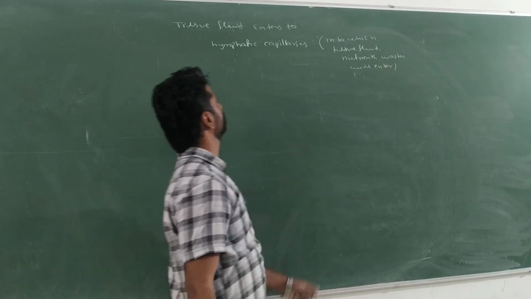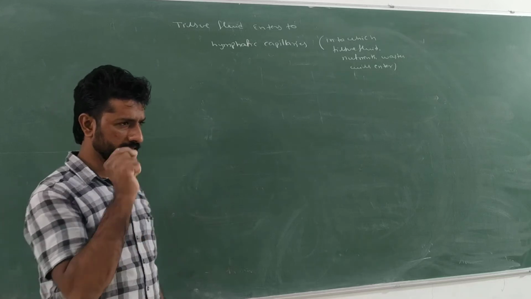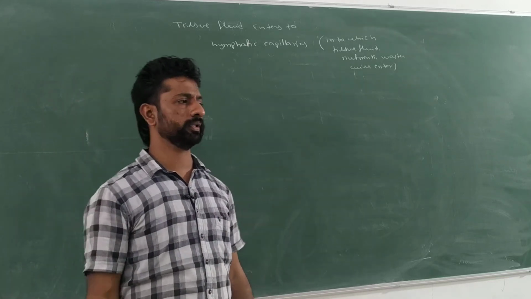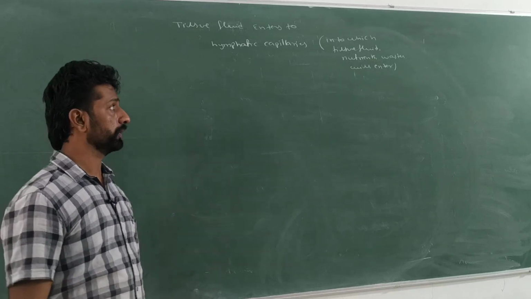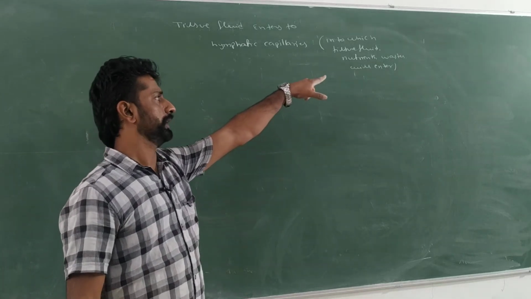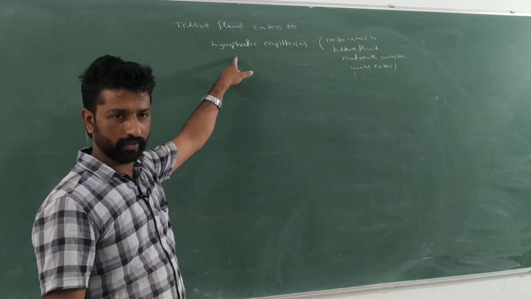Why? Because these lymphatic capillaries are very thin in nature and they are provided with microscopic pores in their walls. Because of that only, tissue fluid as well as the other nutrients and the metabolic waste can enter into the lymphatic capillaries.